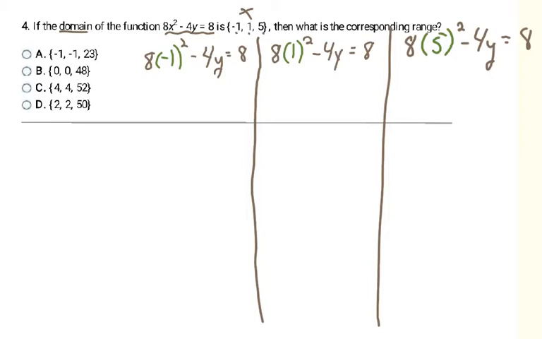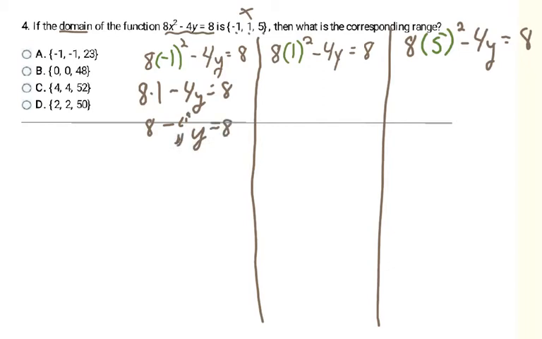So order of operations, when I'm solving, is I want to go ahead and square this -1. And -1 times itself, or -1 times -1, is going to be 1. So I have 8 times 1 minus 4y equals 8. And then 8 times 1 is 8, minus 4y equals 8.